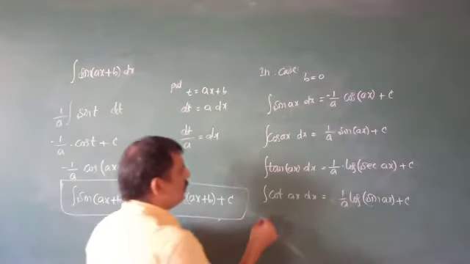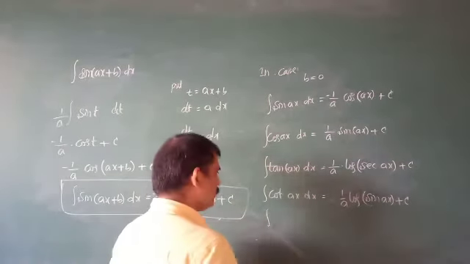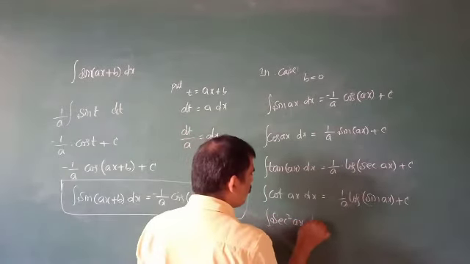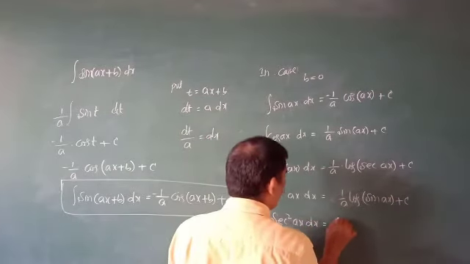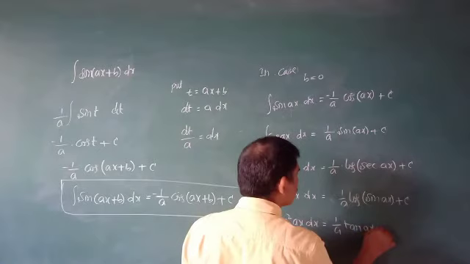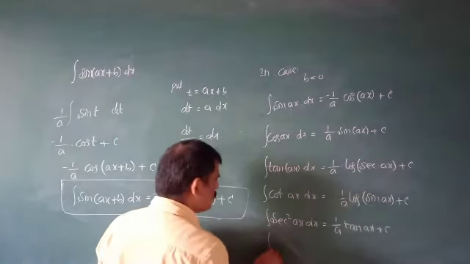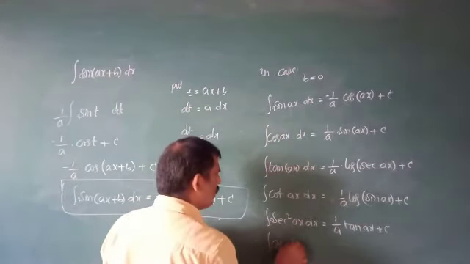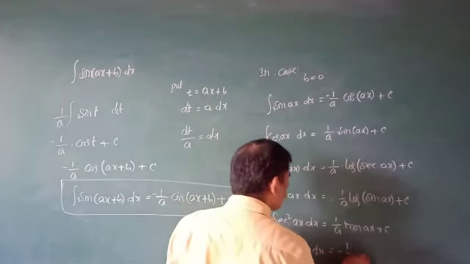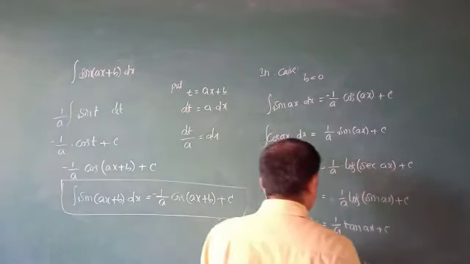Next one is integrate of secant square ax with respect to x is equal to 1 divided by a into tan of ax plus c. Next one is integrate of cosecant square of ax with respect to x is equal to minus 1 by a into cot of ax plus c.